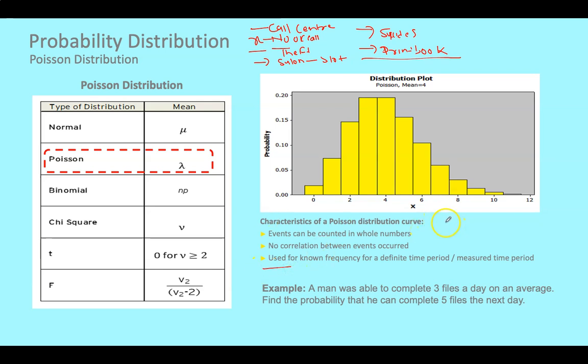A Poisson distribution is determined by lambda, and lambda is the rate at which an event occurs. The time frame in which the event occurs is the length of a time interval, t, and x is the number of events in that time interval.